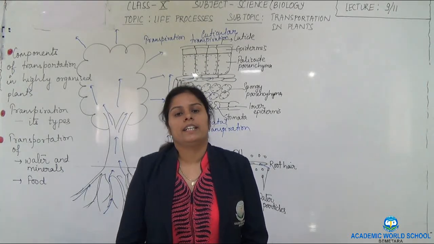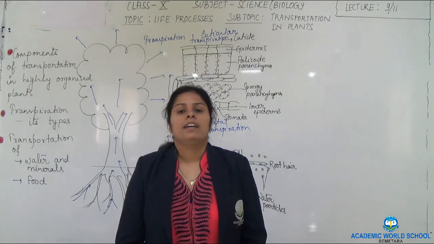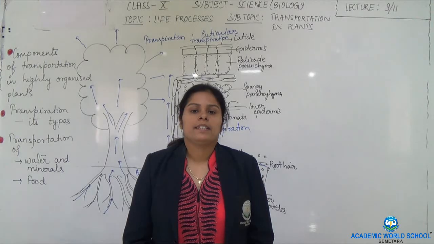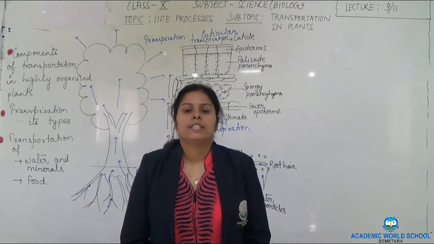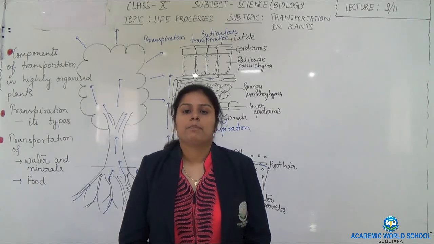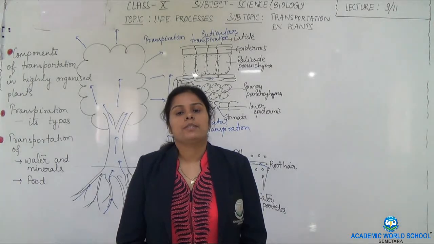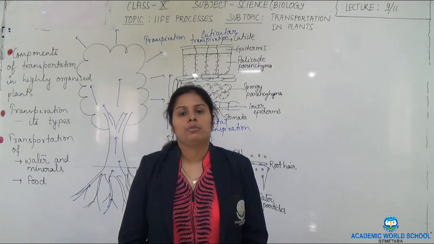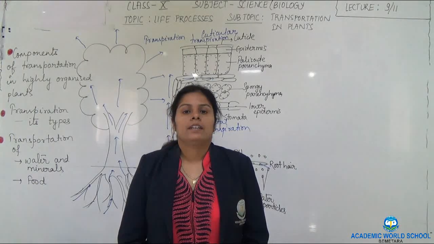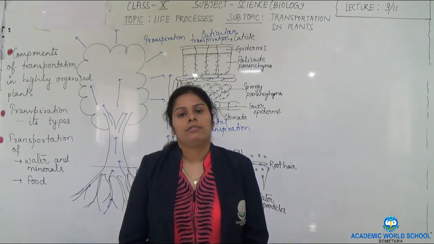Here conducting channels are responsible for the transportation of materials. Like there are two components, that is xylem and phloem, which is found in the vascular bundle, which is responsible for transportation of materials. The xylem transports water and minerals from the roots to different parts of the plant, whereas the phloem translocates the food prepared in the leaves to different parts of the plant.